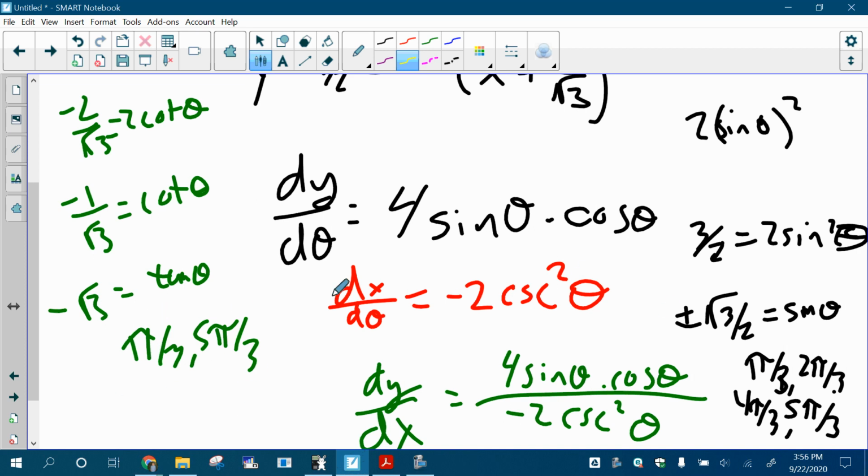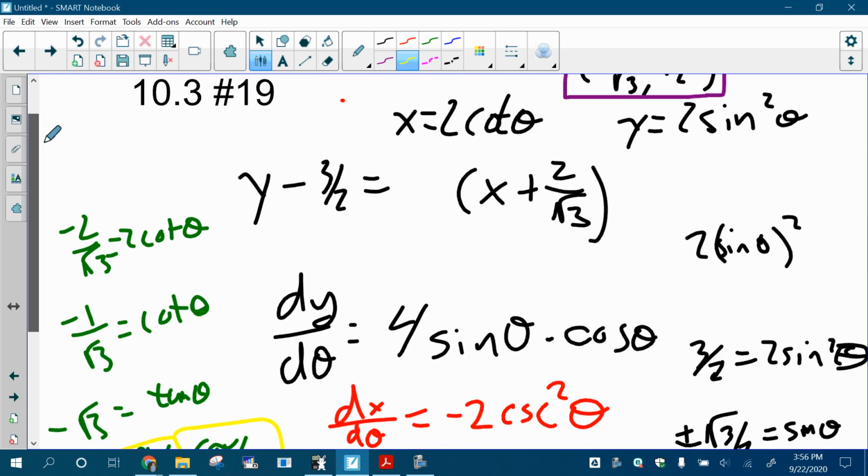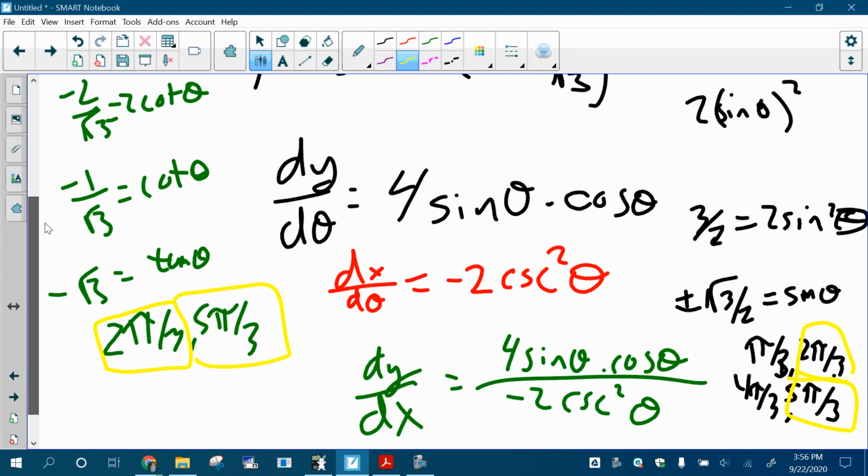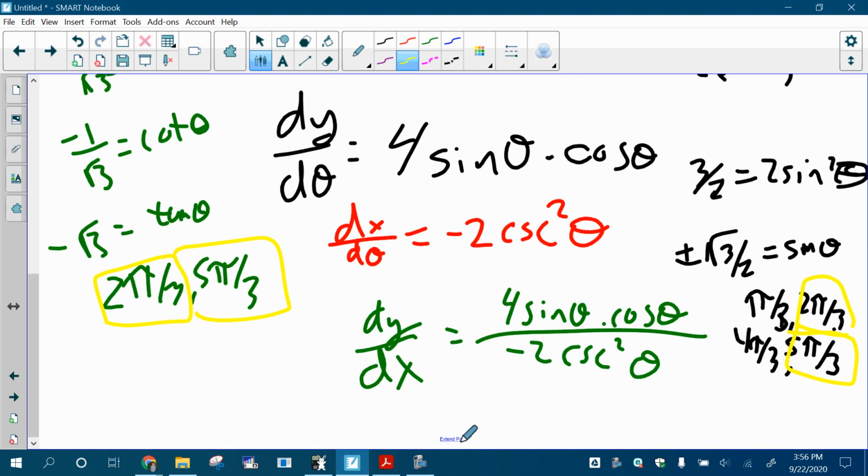So I need to look at these two lists and figure out what they have in common, and the answer is both 2 pi thirds and 5 pi thirds are correct thetas. They are correct because if you plug them in, you get out this x and y. So I could use either of those and I would get the same answer. I'm just going to use 2 pi thirds.